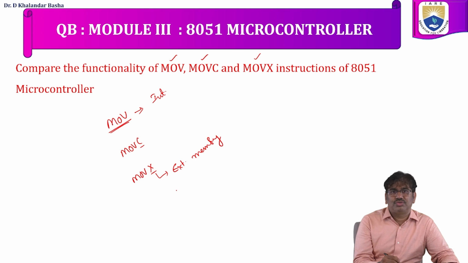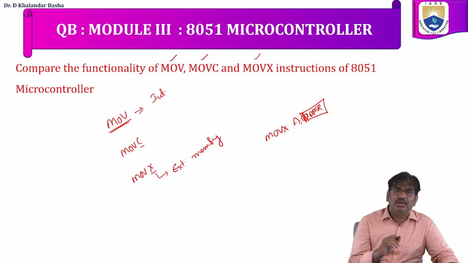So if I have MOVX A, @DPTR, the data is in memory, that memory address is in DPTR, and the contents will be loaded into the accumulator. So this is the data transfer from the external memory to accumulator. Similarly, if you want to move to the external memory, in reverse fashion: MOVX @DPTR, A.